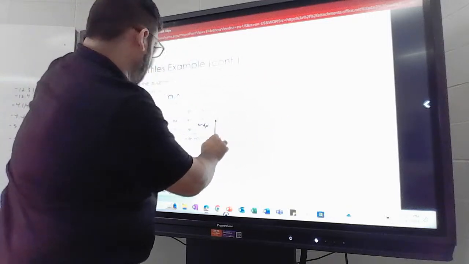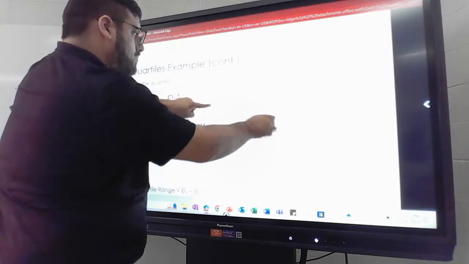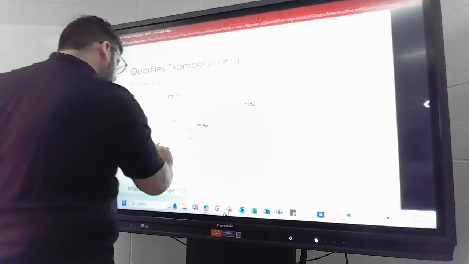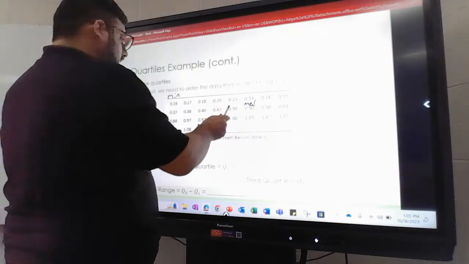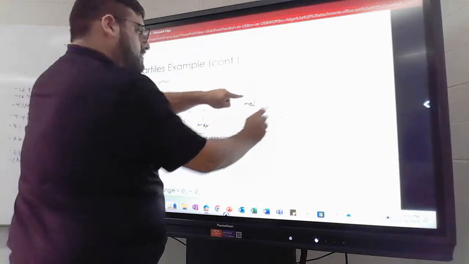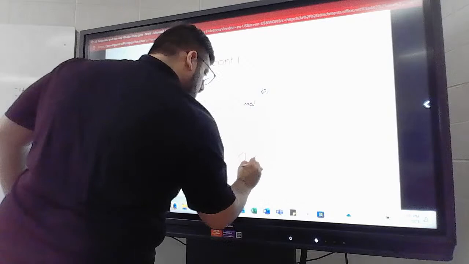Again, you should always double check, measure twice, cut once. Here we go. Here's my median, 50 cents. All right, so first quartile. Here we go. First quartile, 33 cents.